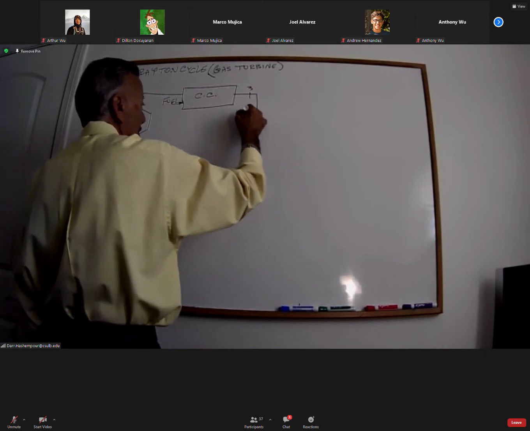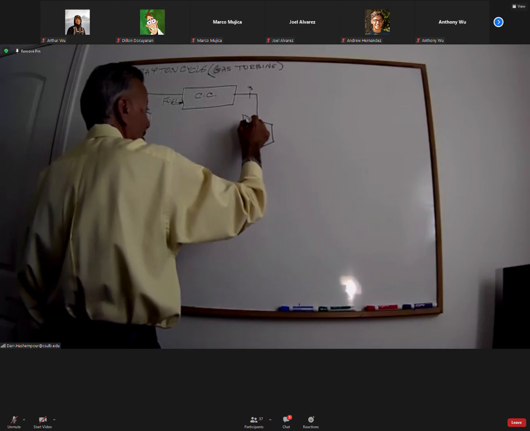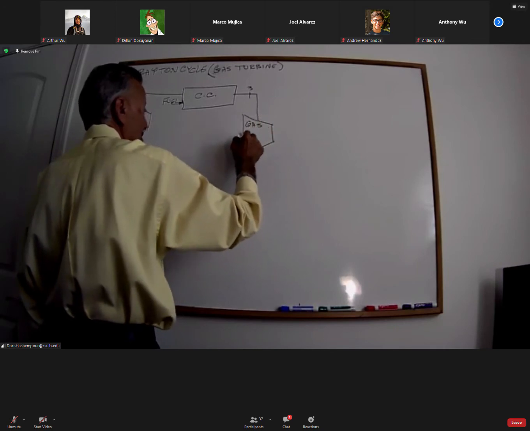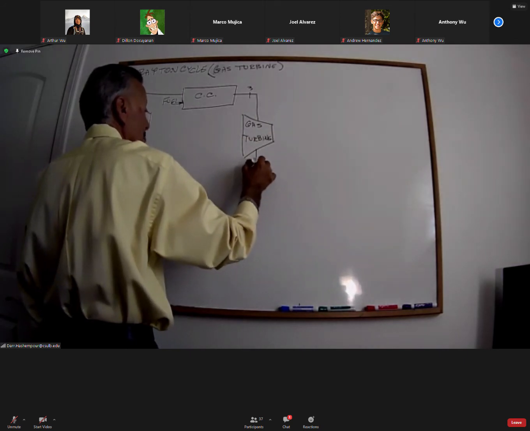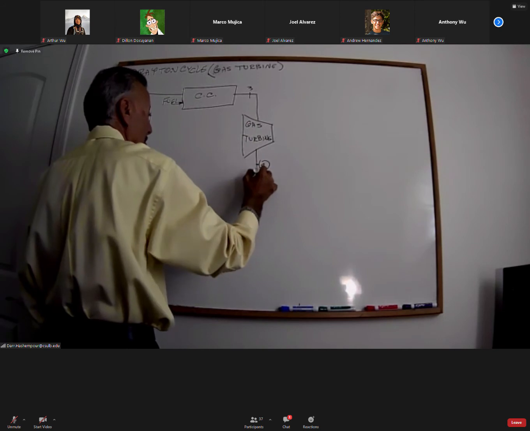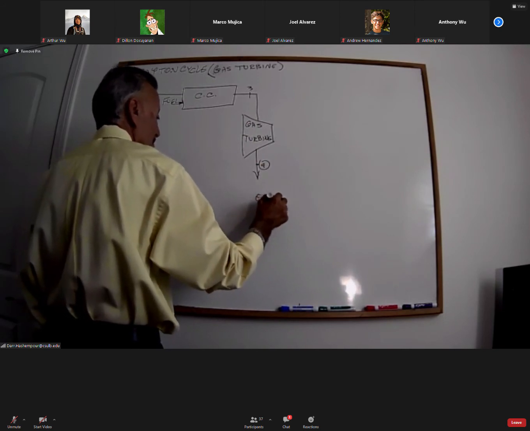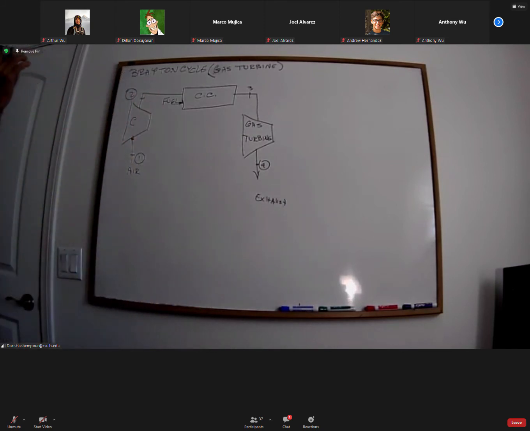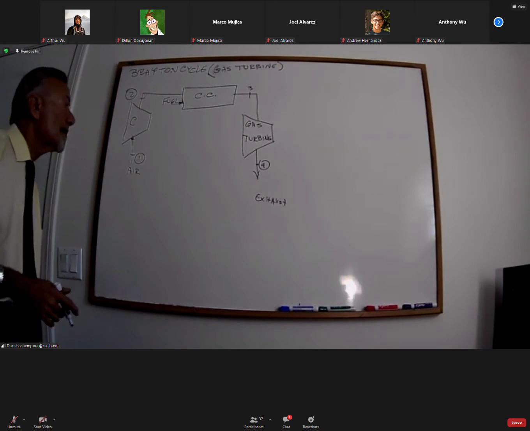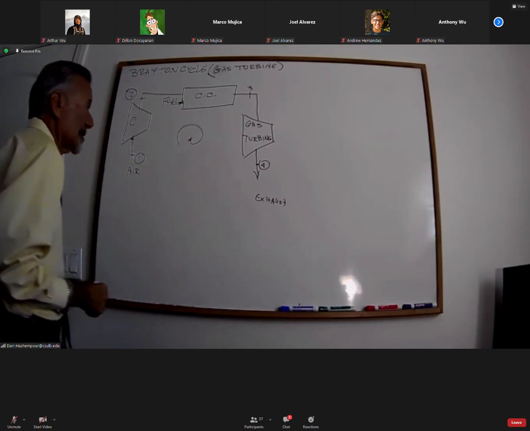Now this time, on this side, we have a gas turbine. This is point 4, and that is exhaust. And of course, we're going clockwise as well.